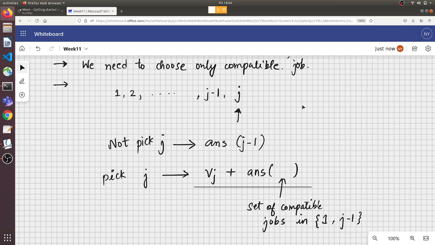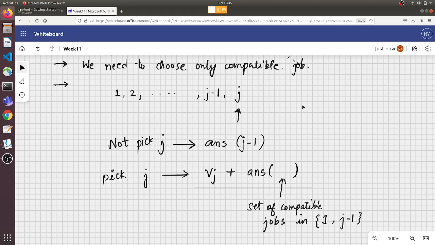I hope this is clear. Then how can we write the answer? Now we will discuss how we compute this set of compatible jobs, you were suggesting to sort them and do binary search. We'll discuss that. For now let us assume that we know the set of compatible jobs after we choose j.